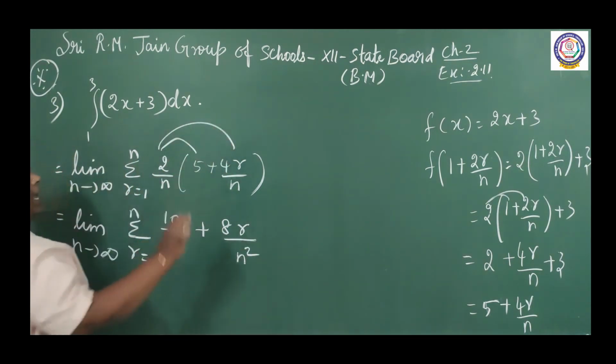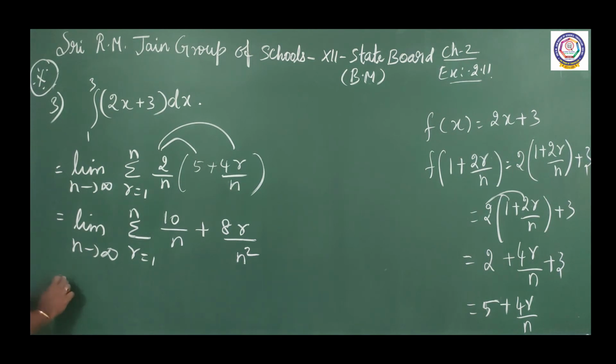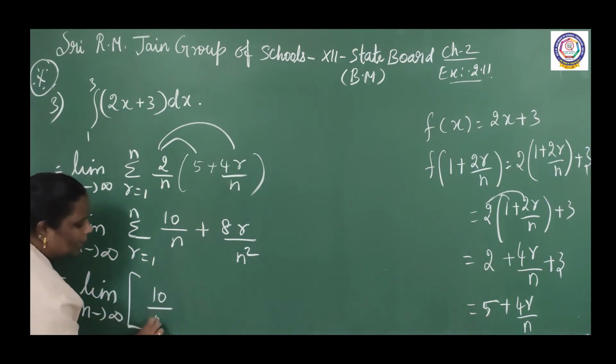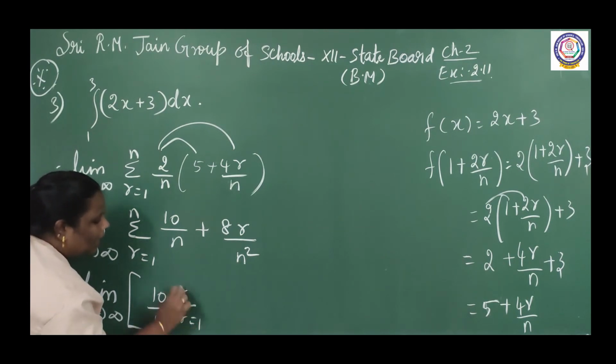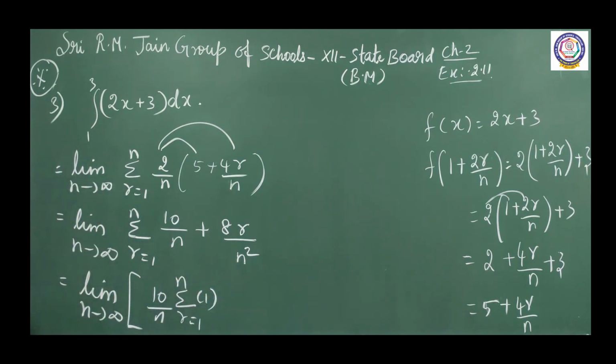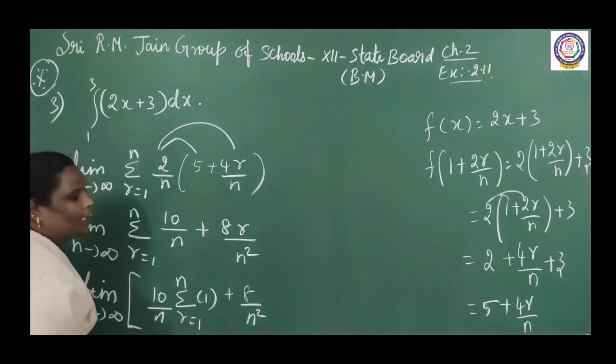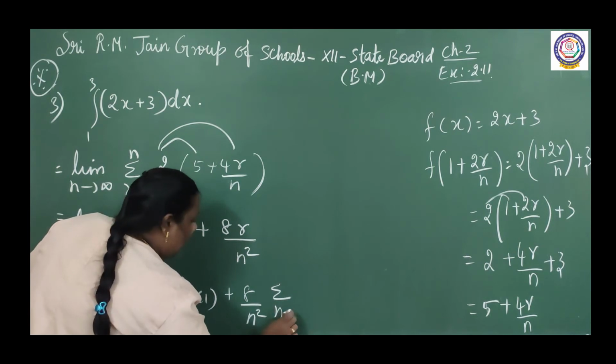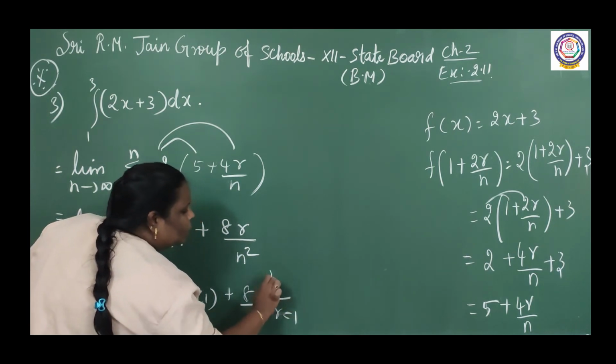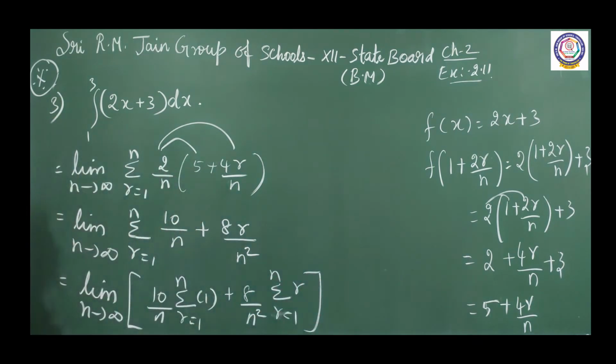Now you can do it separately. Limit n tends to infinity, 10 by n you can take out, sigma r equal to 1 to n, 1, plus 8 by n square you can take out, sigma r equal to 1 to n r.